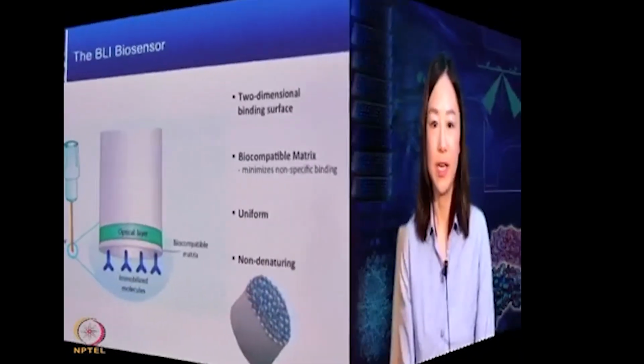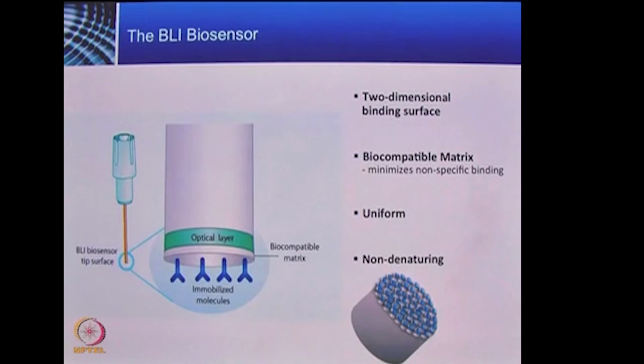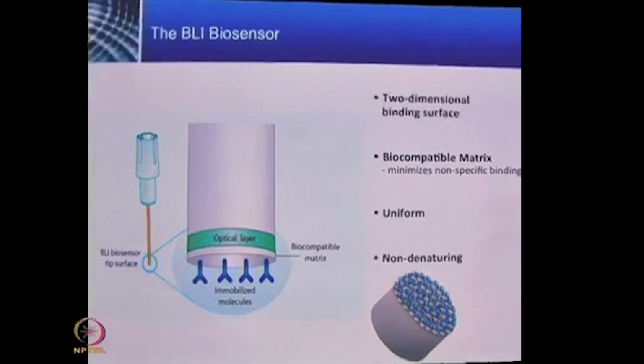The core part of BLI technology lies with the biosensor. If we take a close look at the biosensor, it is made of optical fiber. At the very end of the biosensor, there is a two-dimensional biocompatible matrix.